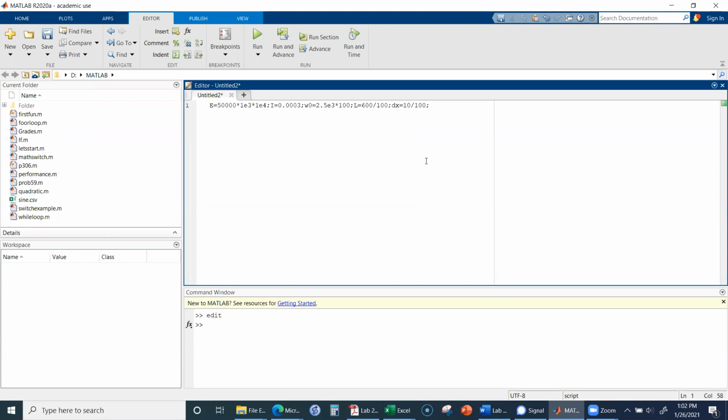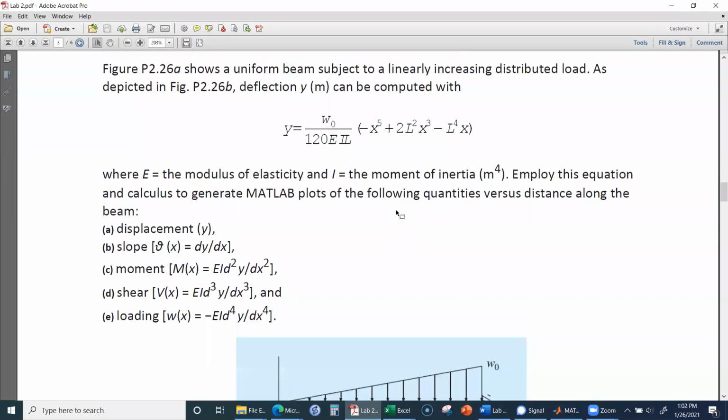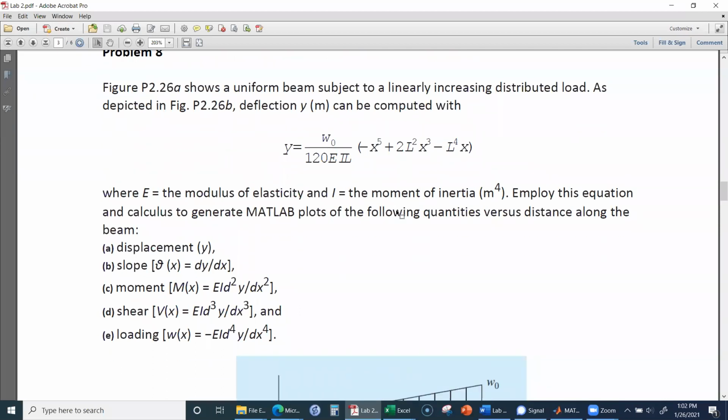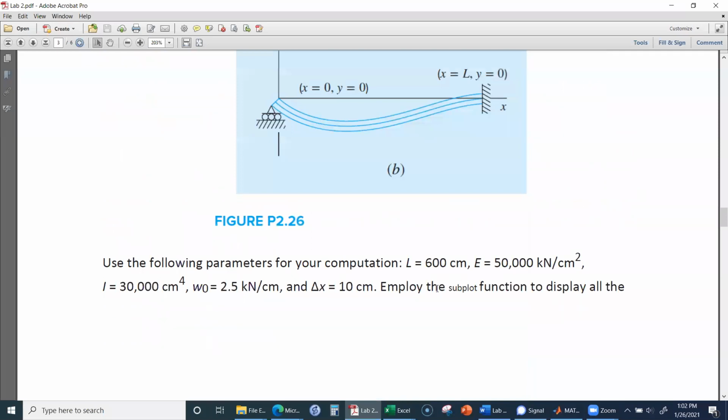So dx is the length is 600. So for example, what is length is given as here. Yeah, so here all the data has been given over here.